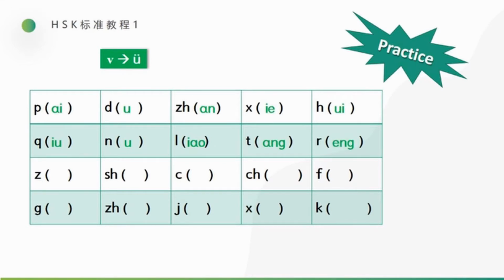The answer should be this one. 扔. Okay, next one. 租. Which one? It should be this. 租. It's not o. If it's o, I will read 周. It's o. 周. Okay, next one.